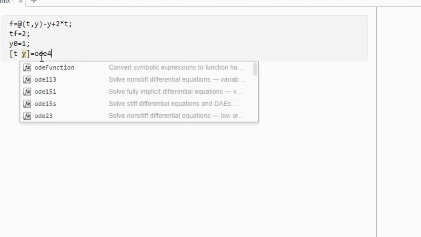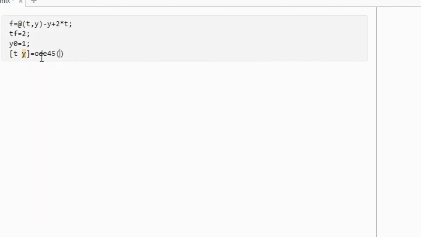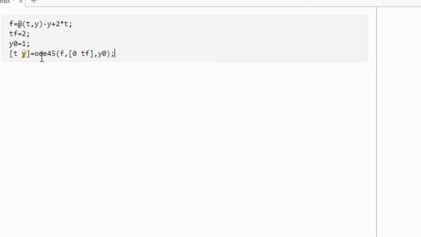So this is [t,y] is equal to ode45. Okay, so it is f comma, yes, here I will type [0 tf], and now we will write y0 with a semicolon, then plot.